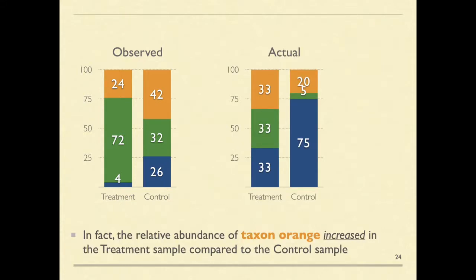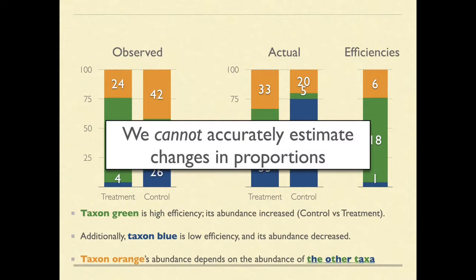But in fact, it actually could have been less abundant in the control group compared to the actual abundances if we had taxon-specific efficiencies that looked like this, where we have this green taxon, which is changing in abundance between the treatment and control, and is a very high efficiency taxon and sort of eats up the slice of the pie that could be that, and takes it away from the orange taxon. So what we're seeing is that we cannot accurately estimate changes in proportions, and actually we don't even correctly infer them in the right direction under this model.